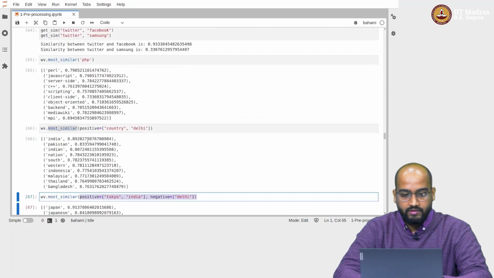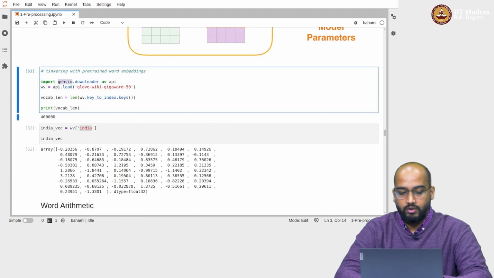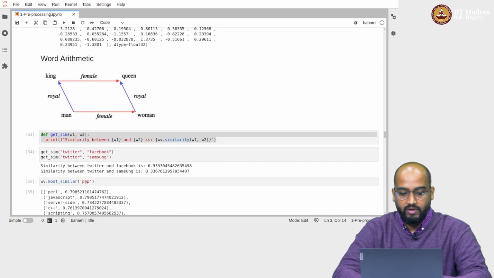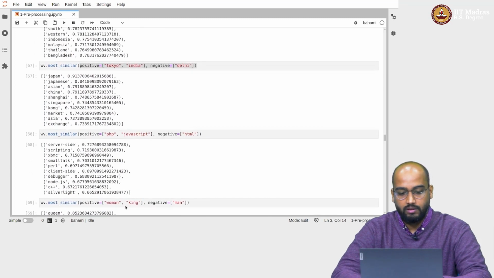So all of this is done using a library called Gensim. Gensim is a library that you can use to read pre-trained vectors, and it can also be used to train vectors. Once you have pre-trained vectors, you can do very simple functions like most_similar, or query for a vector, query for a word, stuff like that.